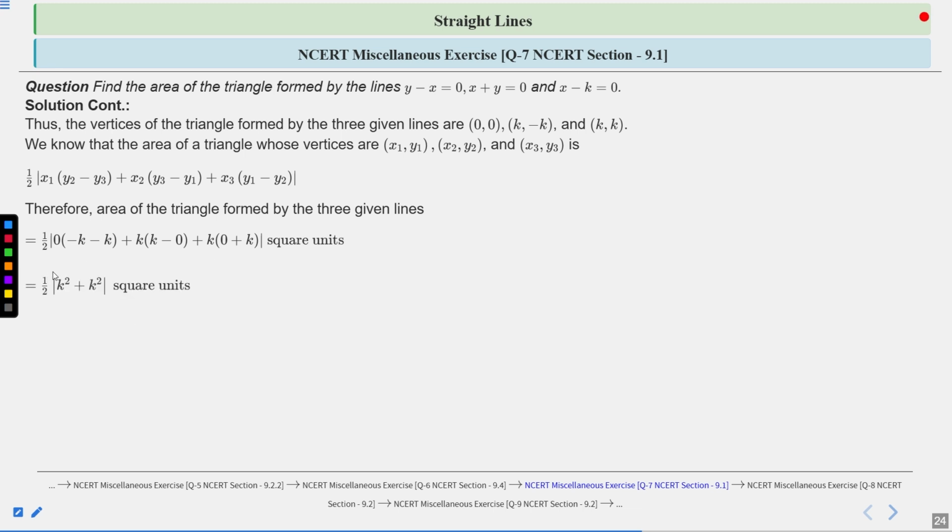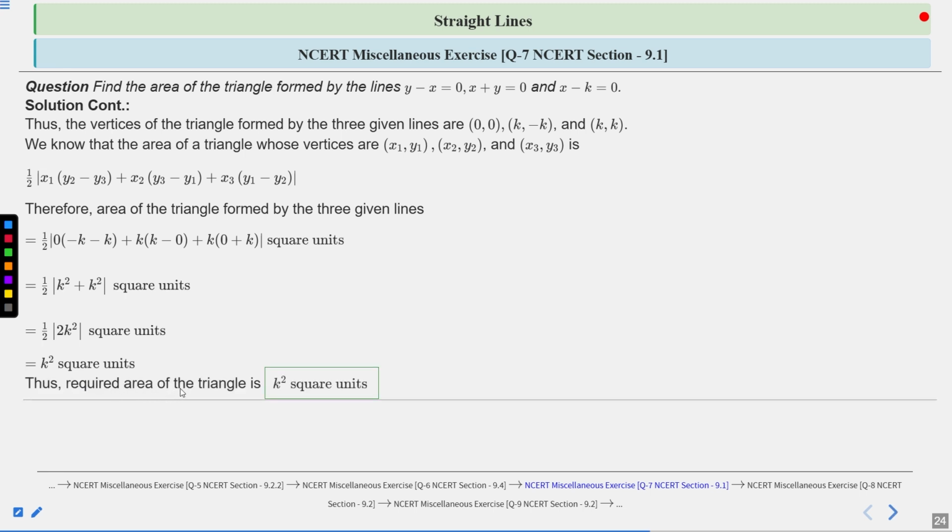And this is equal to 1 by 2 modulus of k square plus k square units. This is equal to 1 by 2 modulus of 2k square units. Okay, and simply this is equal to k square units.